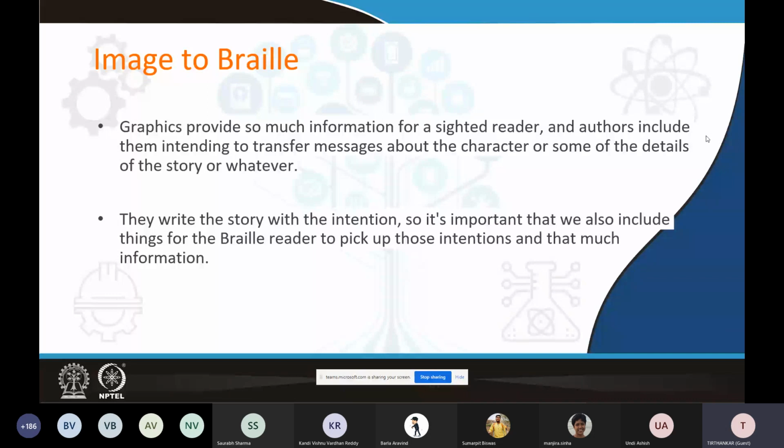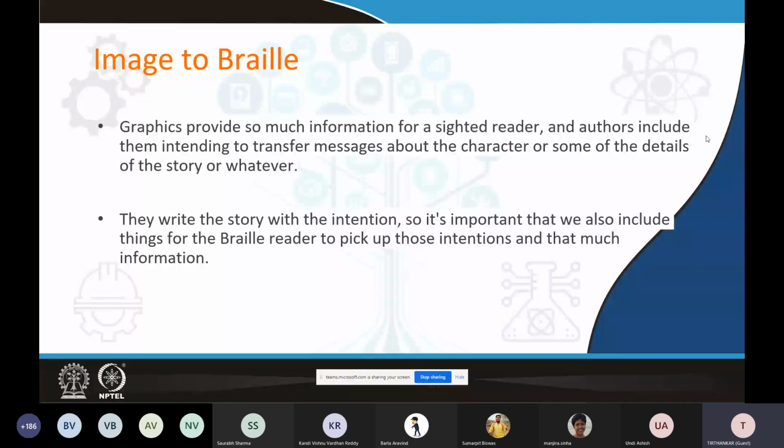But typically, you will find in books or in any material, textual contents are not the only source of providing information, but information can be represented in terms of images also. And to a large extent, these images are present in many of these knowledge sources, right?